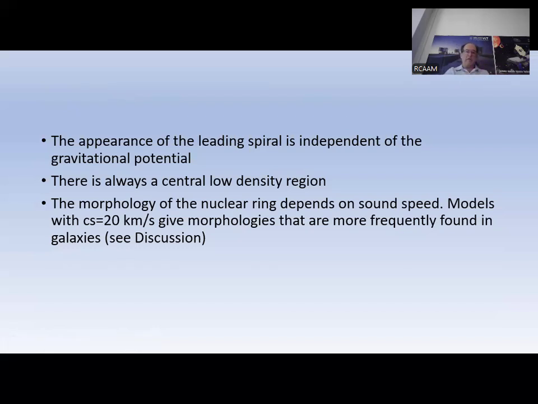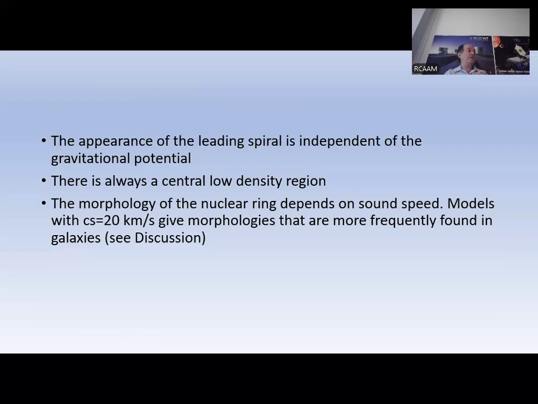Okay, here I summarized the main findings that are related with the fiducial case. The first one I want to emphasize is that when we put 20 kilometers per second as sound speed in our models, we couldn't observe, or couldn't observe that clearly, the leading spiral.